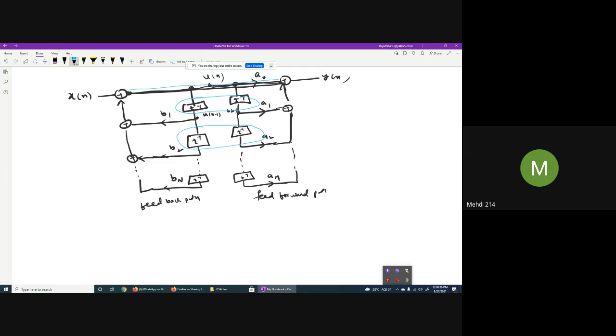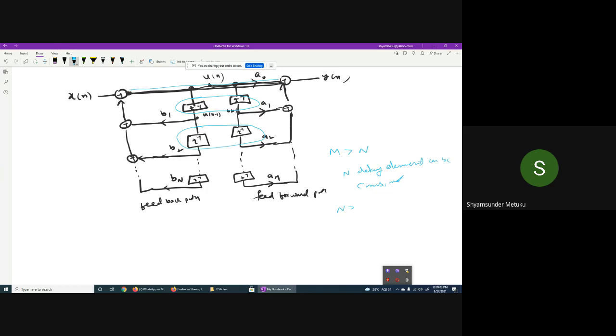Yes, possible. So how many such combinations are going to happen, combining two delay elements into one delay element? Minimum of m comma n. If m is greater than n, then n delay elements can be combined, isn't it? Yes, n delay elements can be combined.